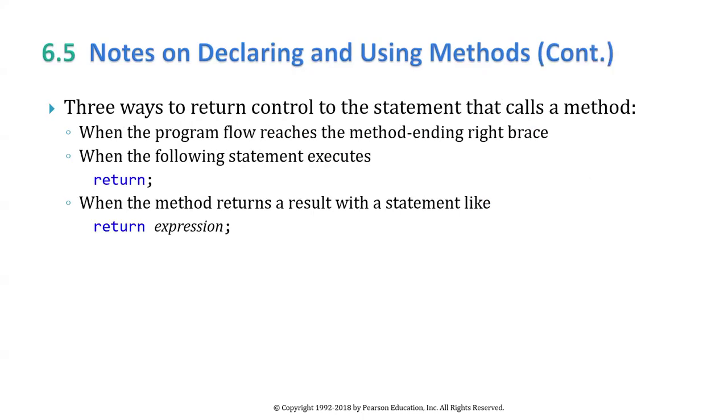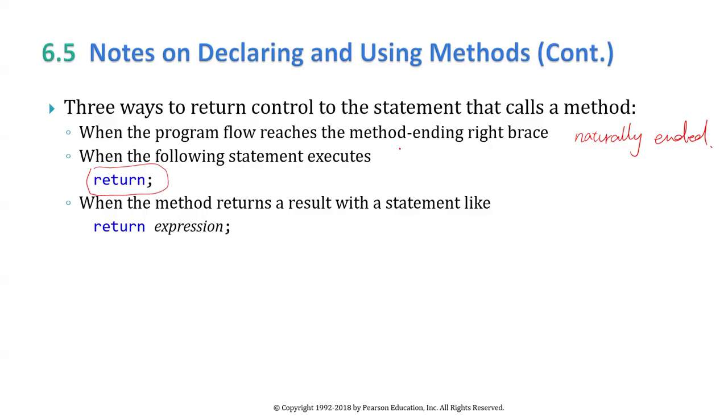And also, there are 3 ways to return control to the statement that calls a method. For example, here, when the program flow reaches the method ending brace, okay, that means the program is naturally ended. And when the following statement executes return, that means you can put the return keyword in any place of the method.